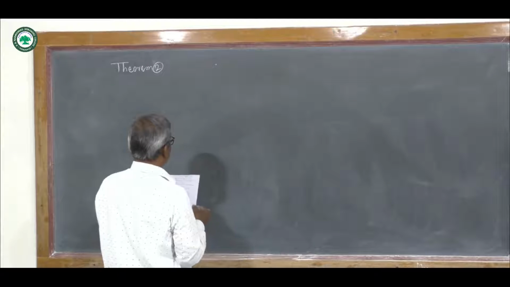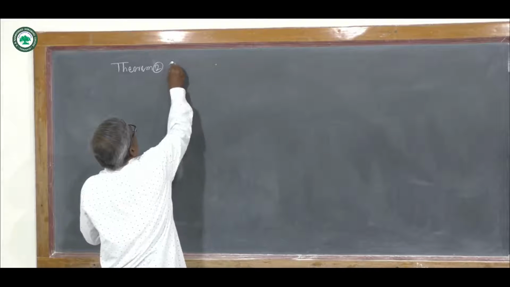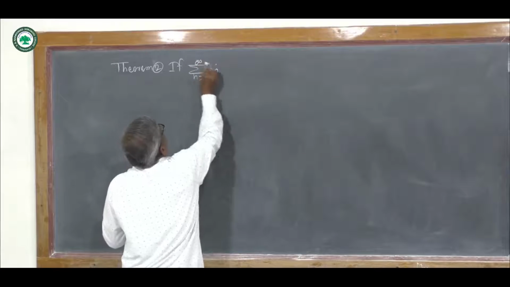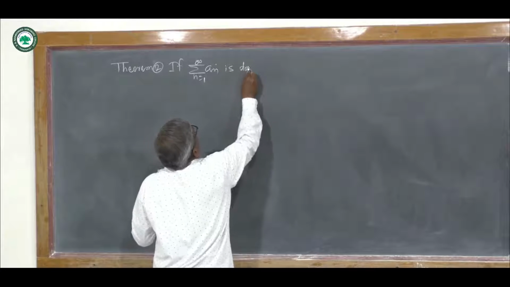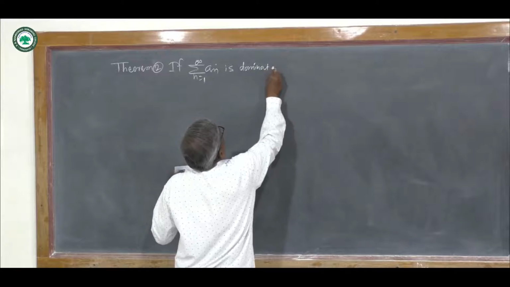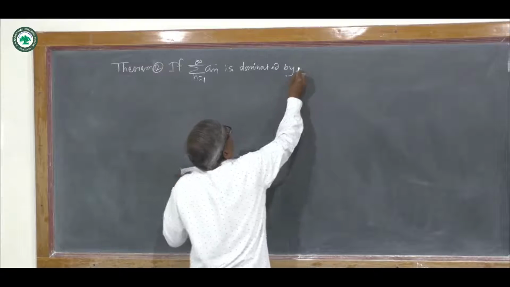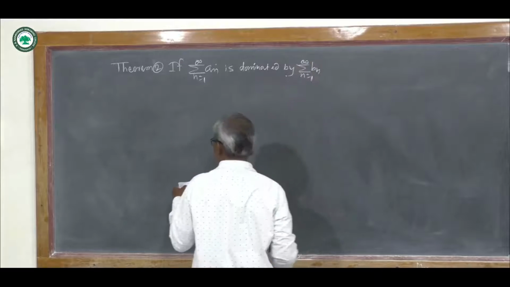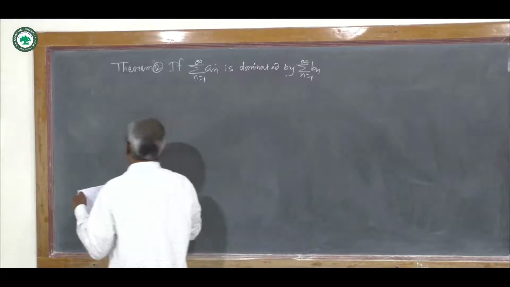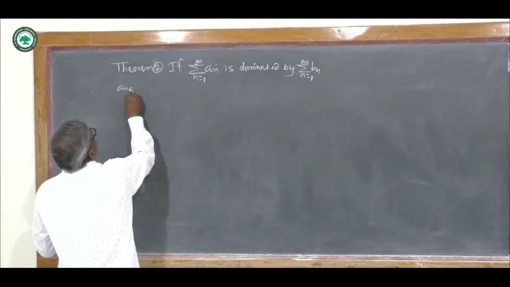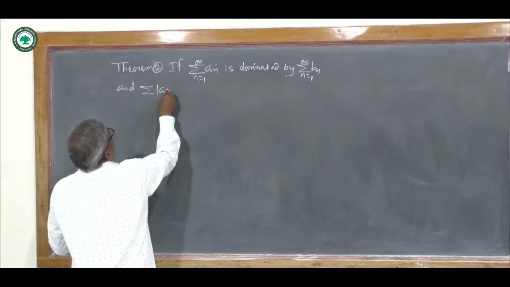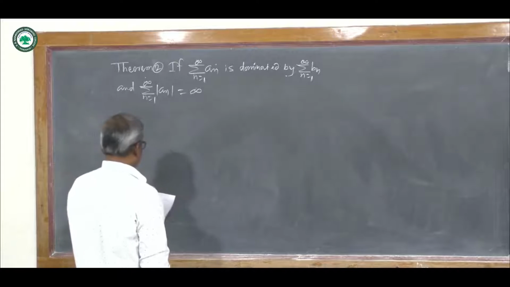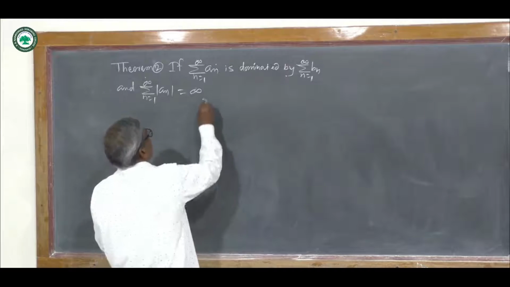If sigma an is dominated by sigma bn, and sigma mod an is equal to infinity, then sigma mod bn is equal to infinity.